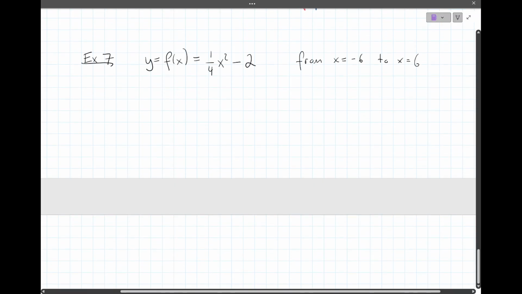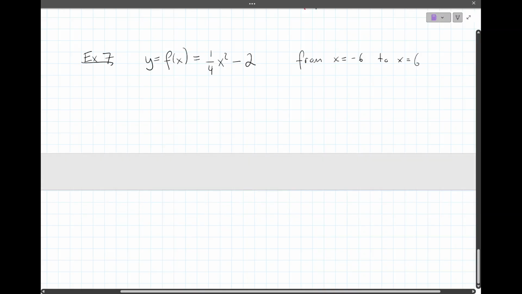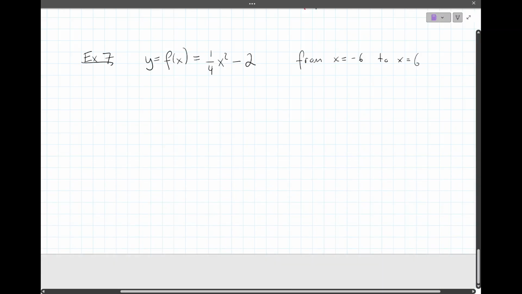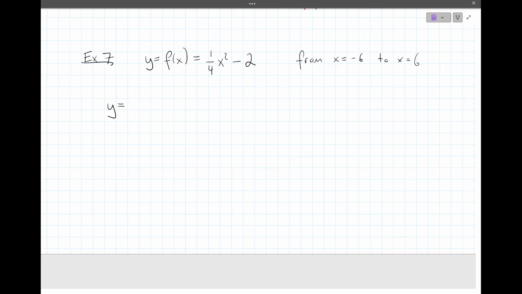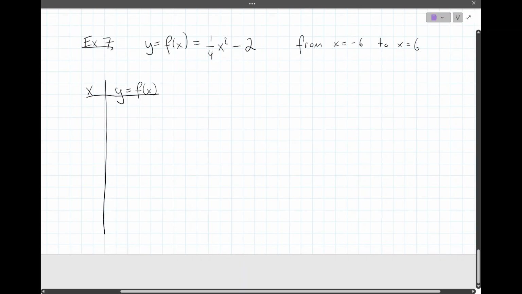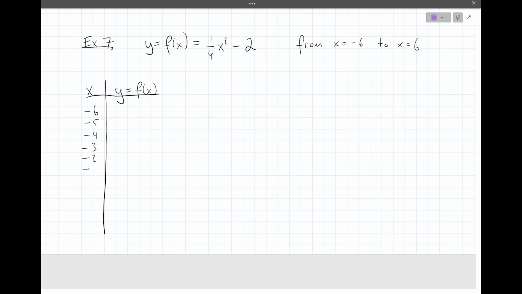Let's give ourselves a wide graph to look at, because we're doing a lot of reduction here. Let's make our table of values. We have x, and we have y equals f of x. Putting it together, let's get these values here. So this is -6, -5, -4, -3, -2, -1, 0, 1, 2, 3, 4.